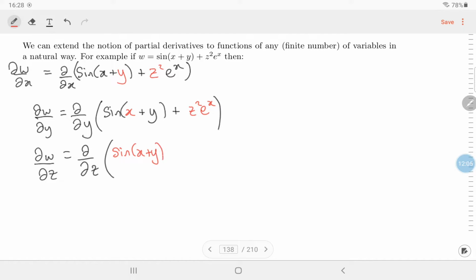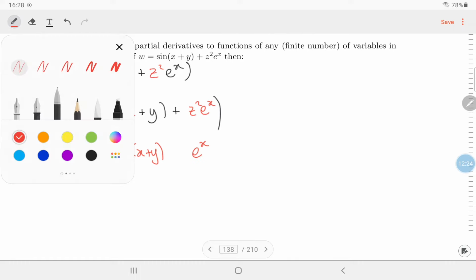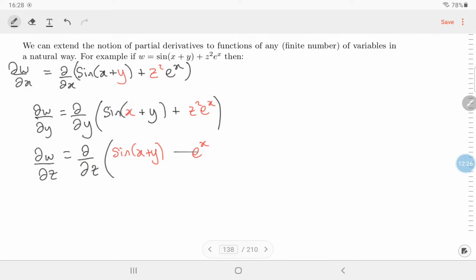Now you can do the chain rule on it, and what you'll get is cos of x plus y times the derivative with respect to z of x plus y, but the derivative of x and the derivative of y with respect to z are both 0, so you just end up with cos of x plus y times 0, which is 0. And then the z squared times e to the x, with respect to z, the e to the x is a constant. So you understand, you don't have to do this, I'm just trying to help you see how each of the derivatives are different and what's been treated as a constant and what isn't.